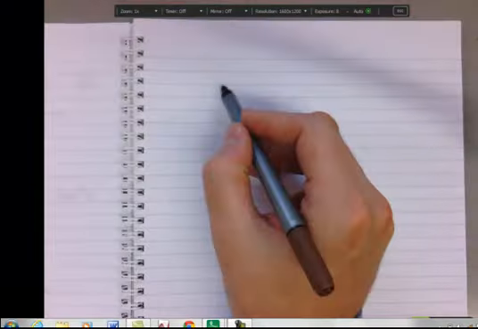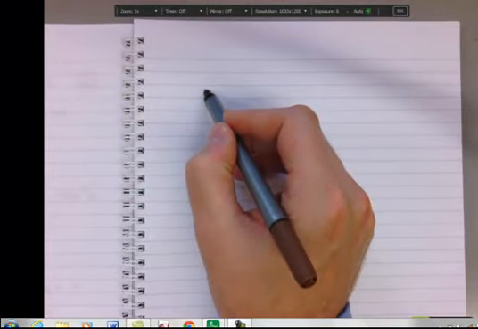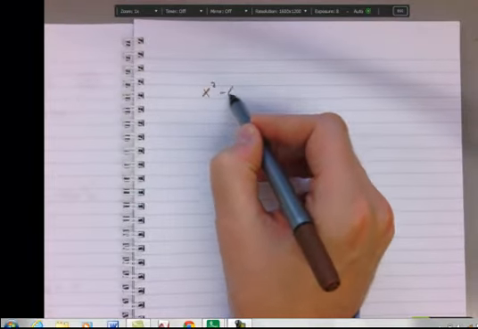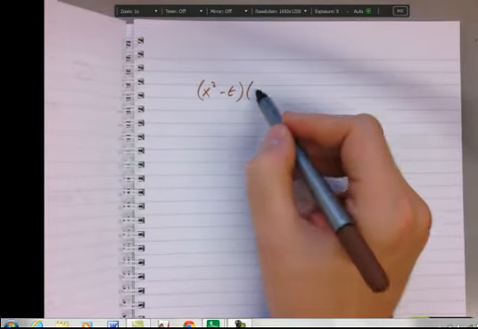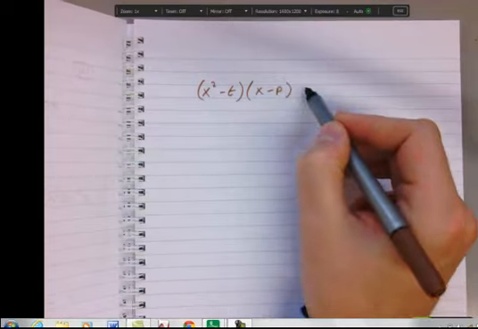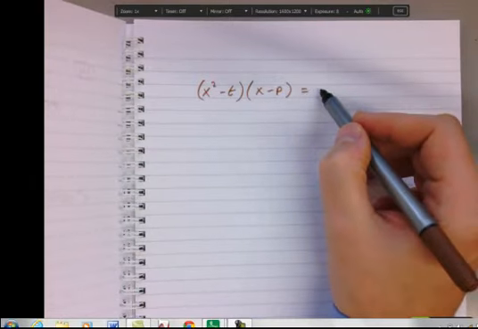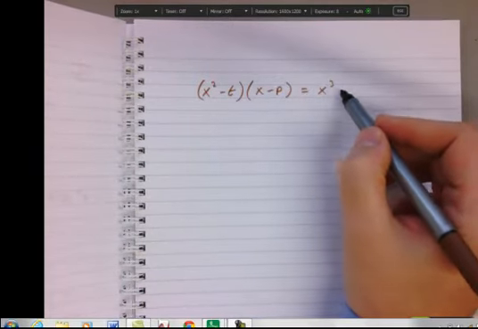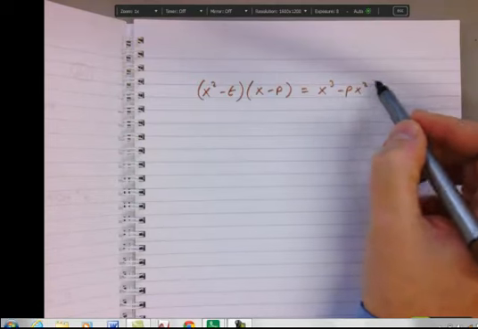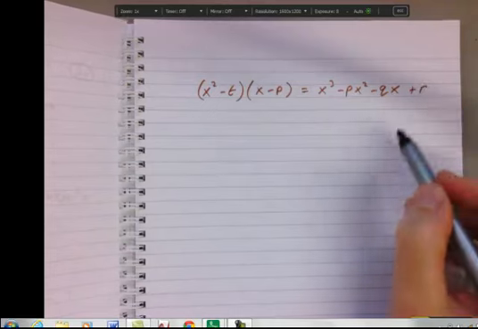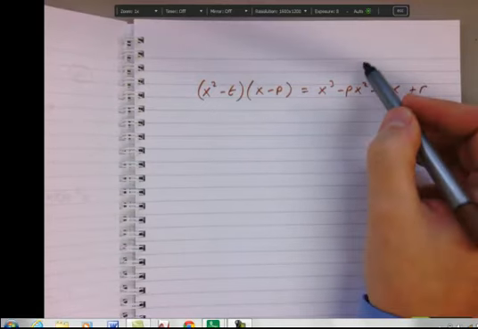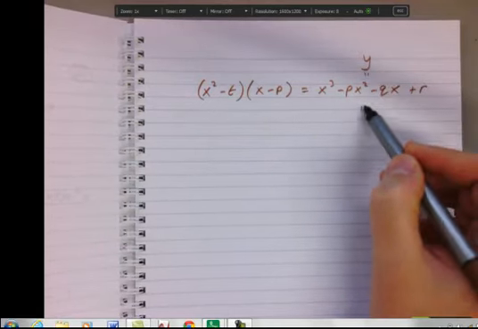We know that from our division, basically we can say that x squared minus t multiplied by x minus p should equal x cubed minus px squared minus qx plus r. Now to get the roots, basically this is a function y. To get the roots, we want that equal to 0.